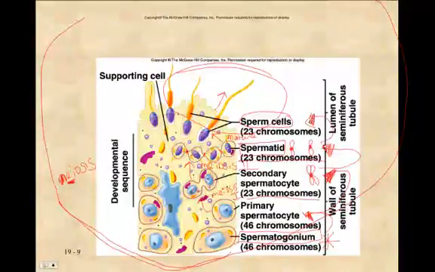The other thing I want you to know is that from one primary spermatocyte, you've produced 4 sperm cells. This is going to be very different than the female reproductive system.